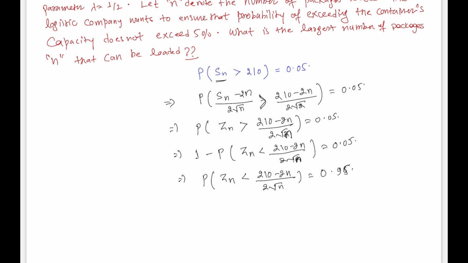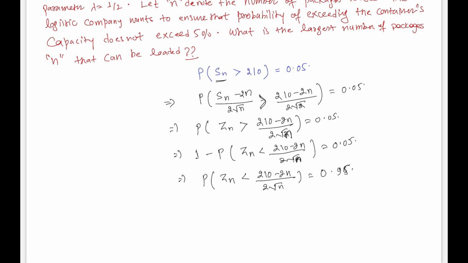For what argument do we have this probability of 0.95? We can treat this as the standard normal random variable.